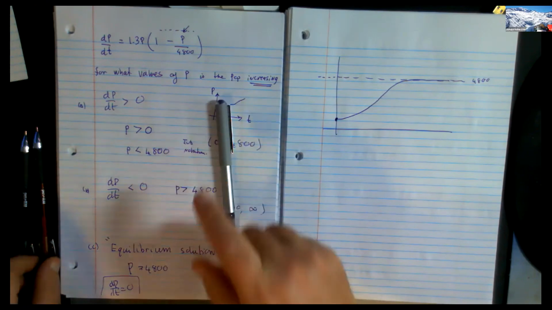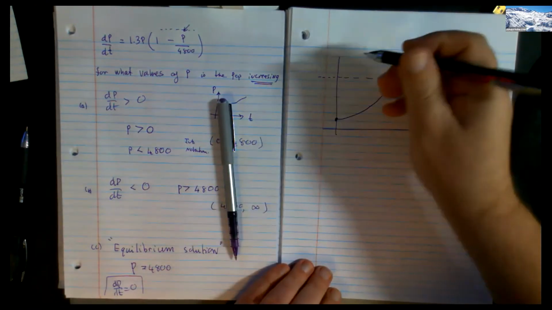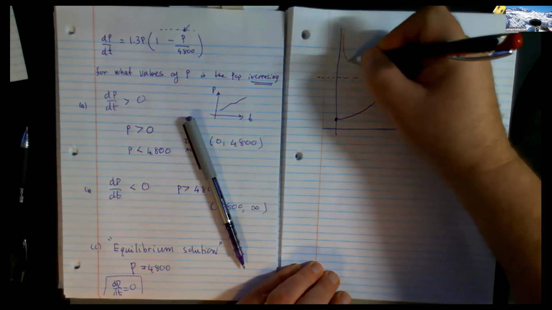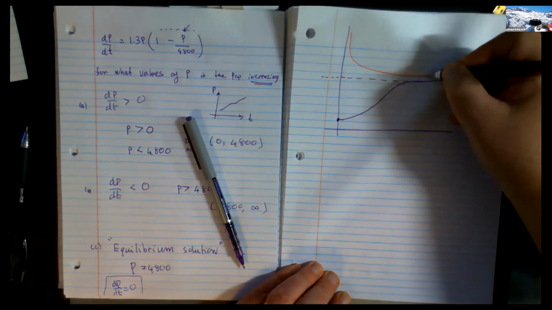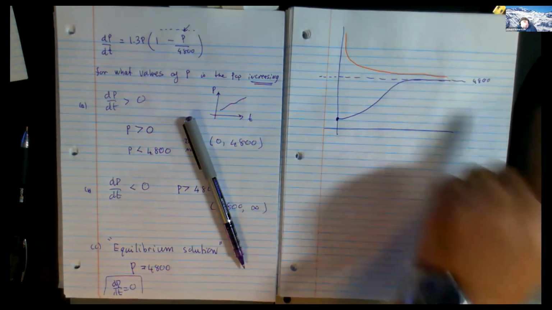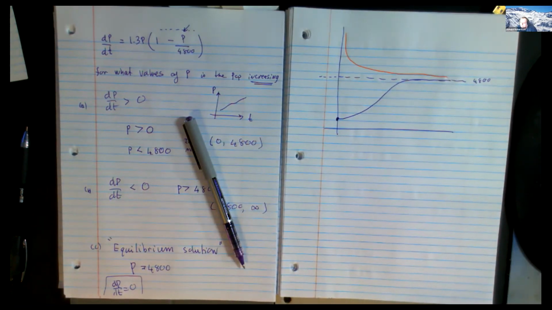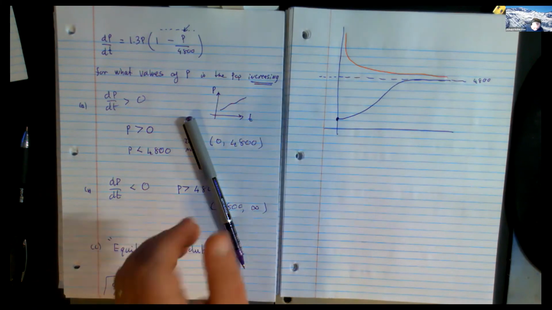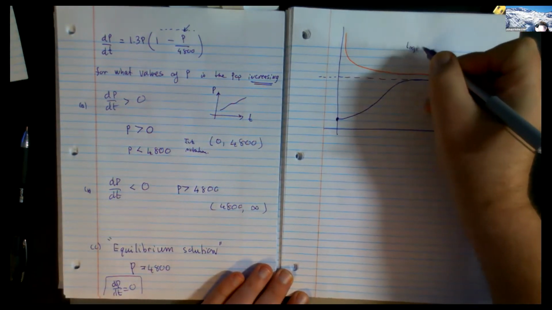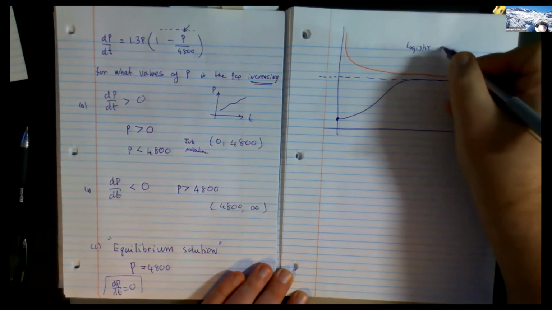And if you start with too many, the population basically declines, and they meet up here. Quite a cool thing. If you're interested, it's called the logistic model.